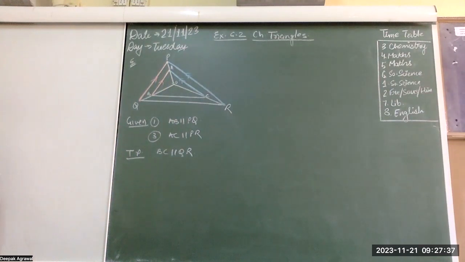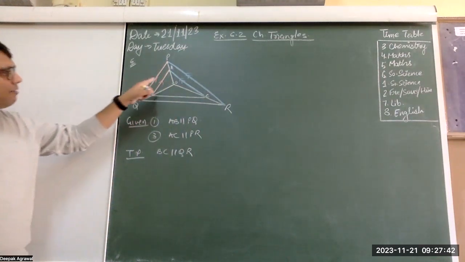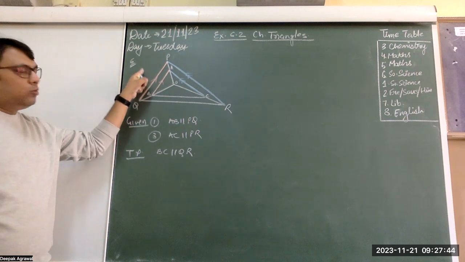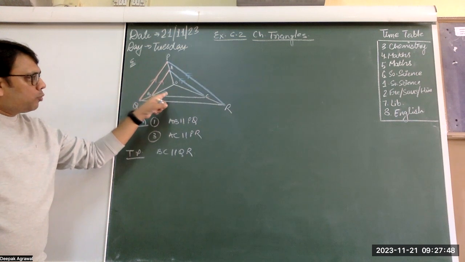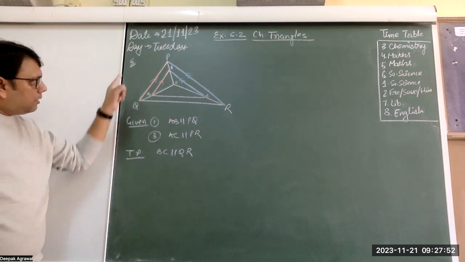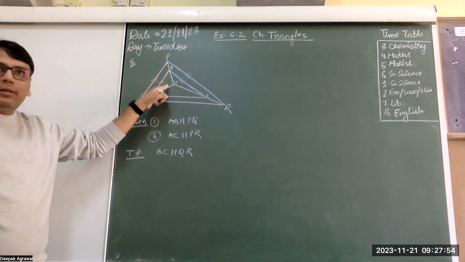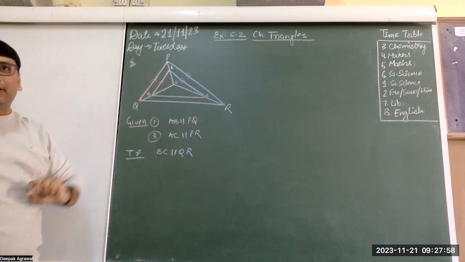Question number 6. We have been given this kind of figure, in which AB is parallel to PQ and AC is parallel to PR. Again, we are supposed to prove that BC is parallel to QR. Same logic. Both the pink lines are parallel. So you have to take a triangle including both pink lines and a point.